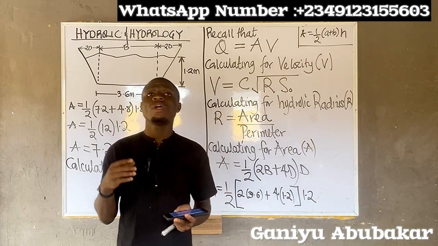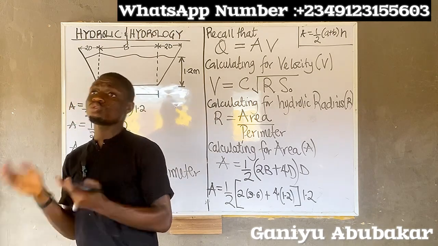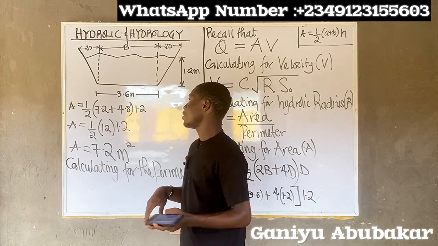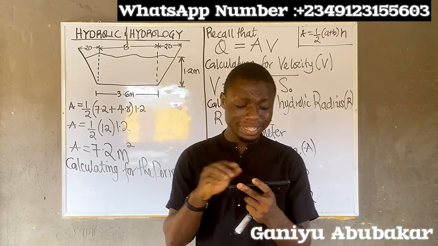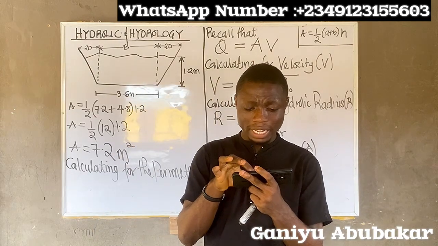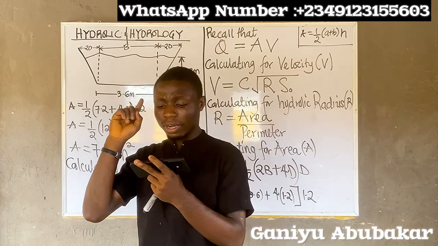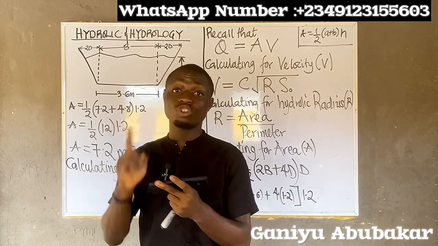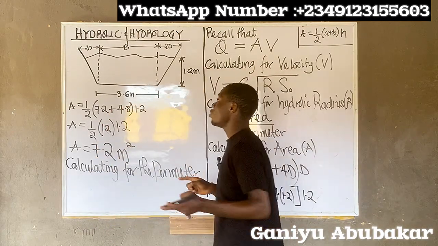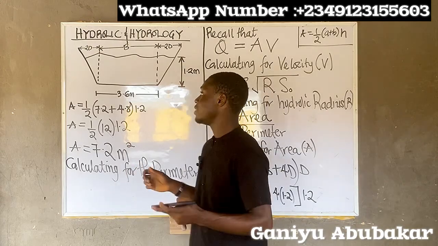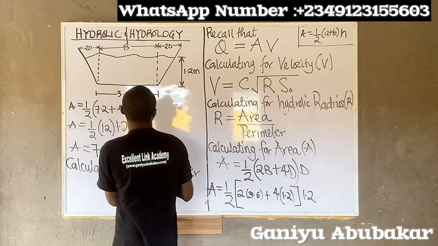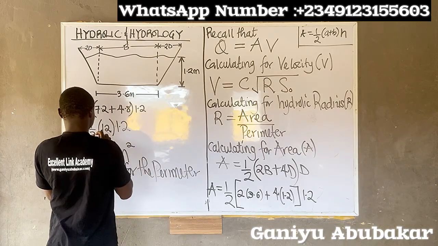We're given one vertical and two horizontal, that's the side slope. Yes, they give us the side slope. One vertical, two horizontal is the idea we're going to be using here.